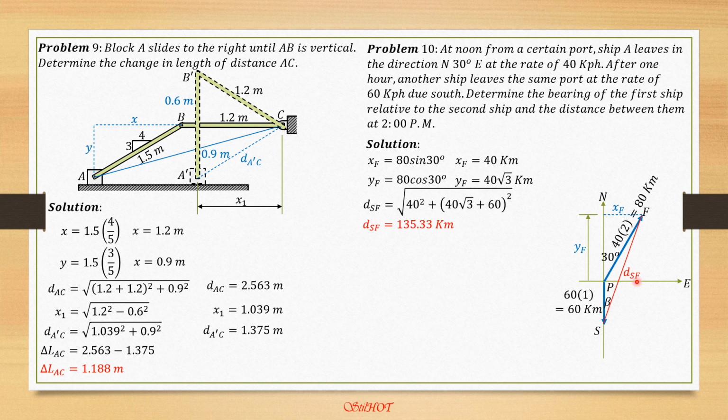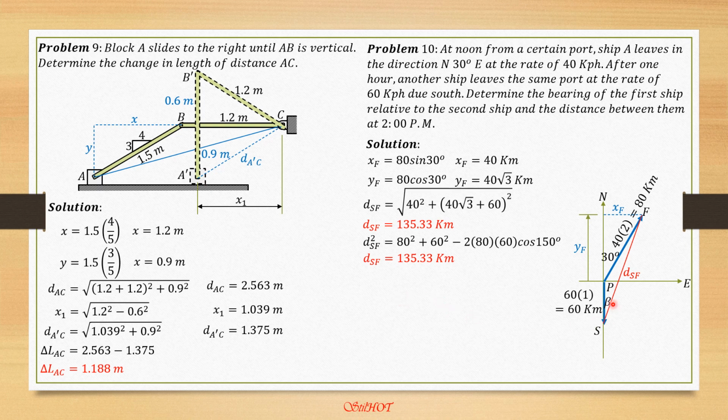Then we use cosine law. So distance SF square is equal to 80 square plus 60 square minus 2 times 80 times 60 cosine of 150 degrees. So using your calculator, distance SF is also 135.33 kilometers.